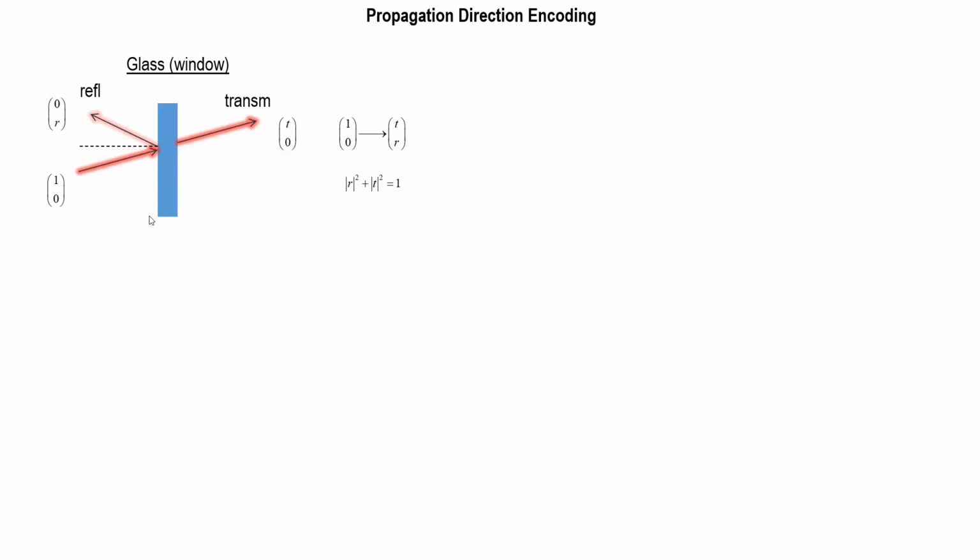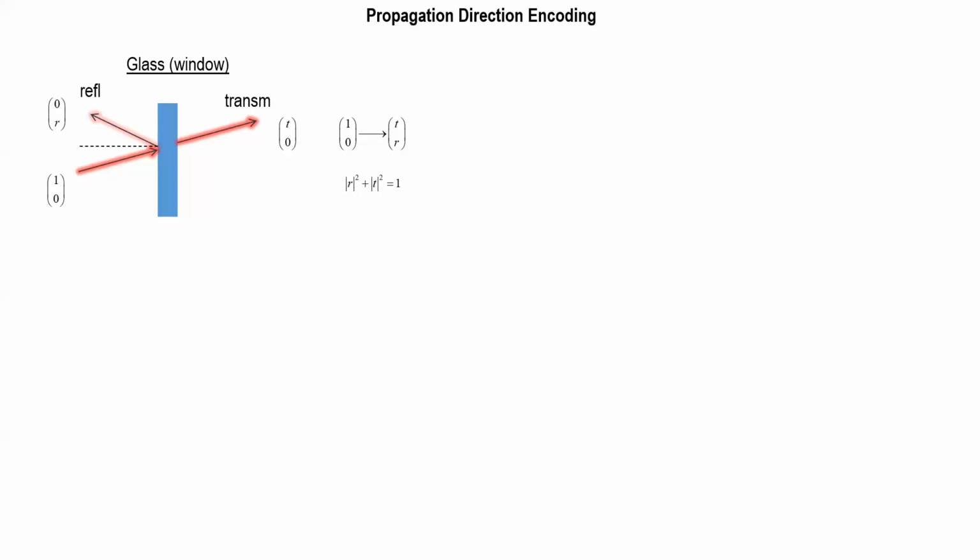According to quantum mechanics, as we discussed before, before we measure the photon being reflected or transmitted through the surface of the window, we have to consider both amplitudes simultaneously.